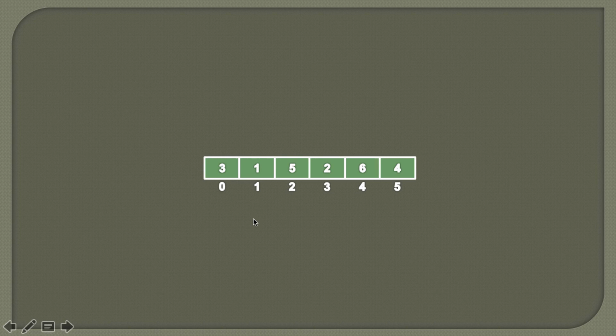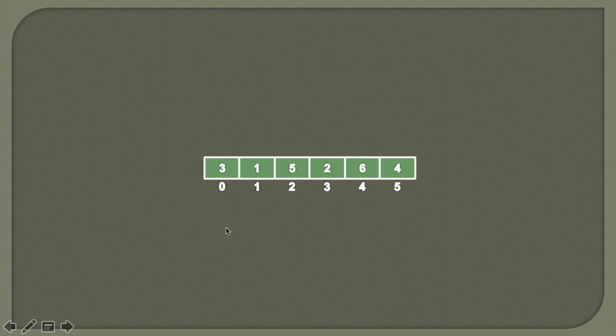We start the algorithm by picking the first element, which is 3. As we have picked the element 3, we know that there is only one element, so it's already sorted. So basically this algorithm starts from the second element because the first element is already sorted.